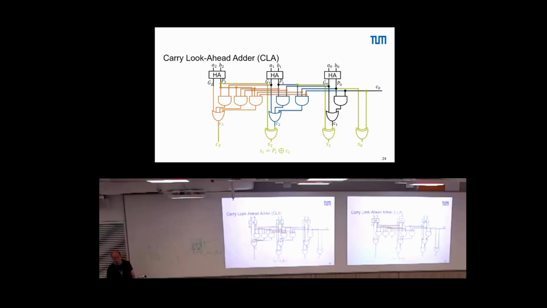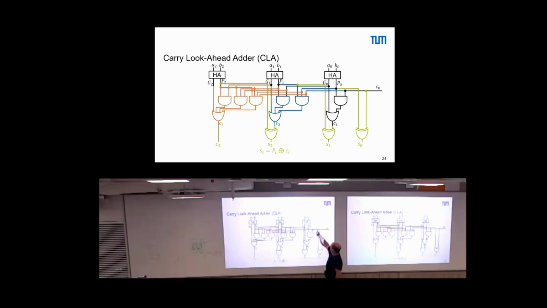Good. Then we need to derive the final sum. And to derive the final sum, well, our construction from a few slides before tells us we have to take the propagate, we have to take the corresponding carry bit, and we have to XOR them.